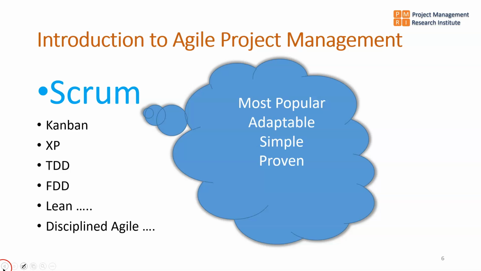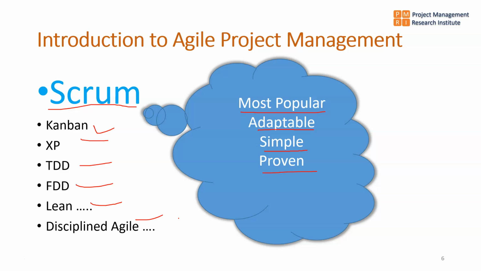Now in the rest of the training we'll focus on Scrum, which is the most popular, adaptable, simple and proven framework among the Agile family like Kanban, XP, test-driven development, feature-driven development, Lean and Disciplined Agile, and Scaled Agile. There are multiple frameworks available which are not shown here as well.